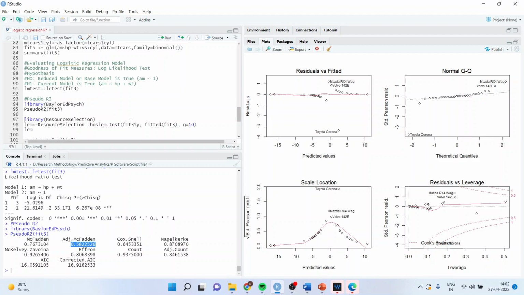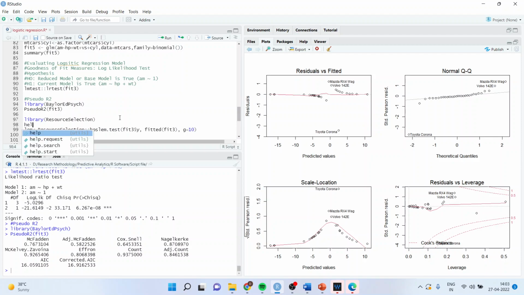Now we also carry out the Hosmer-Lemeshow test, which can be done using the package ResourceSelection. So ResourceSelection, hoslem.test(fit3$y, fitted(fit3), g=10). What is all this? Let us understand.